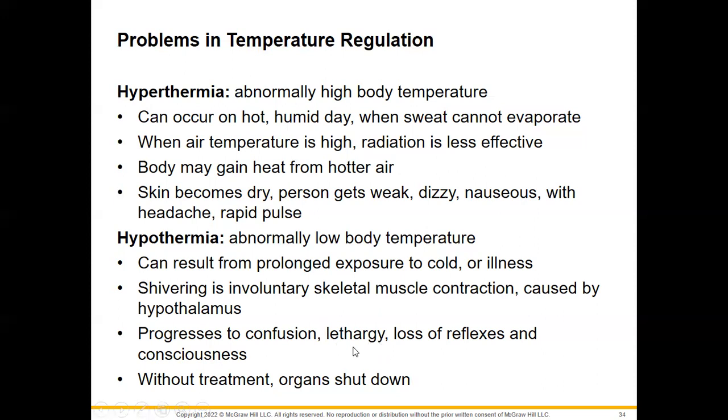So that weakness, that lethargy, can occur with either a very high or very low body temperature. You can lose your reflexes. You start not being able to respond to stimuli, and you can potentially lose consciousness. If the person who is hypothermic doesn't get treatment, the organs will eventually shut down.